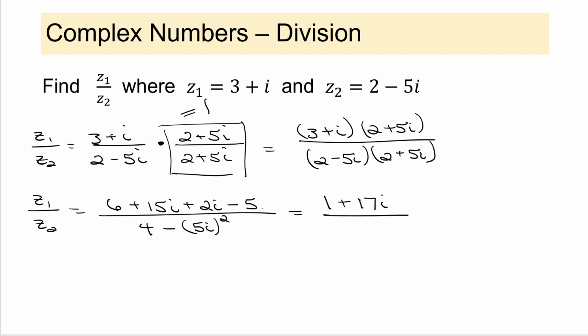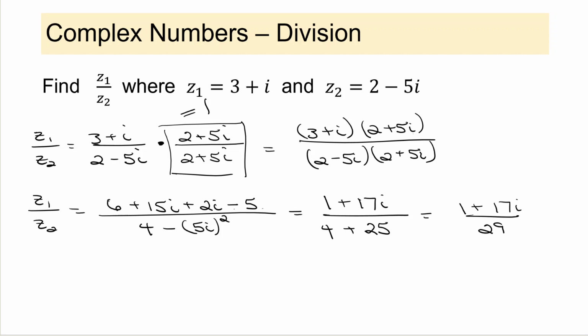And then in the denominator, what's going on? Well, I've got 4, so 5 squared is 25, i squared is -1, so I've got 4 plus 25. So I've got 1 plus 17i over 29.